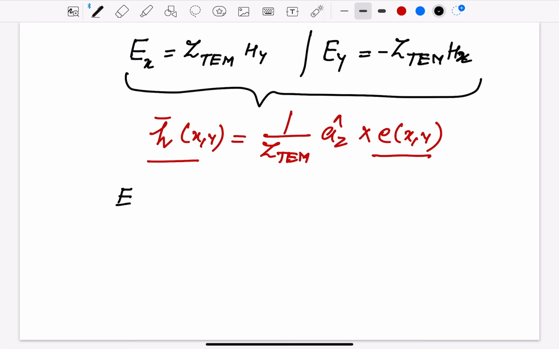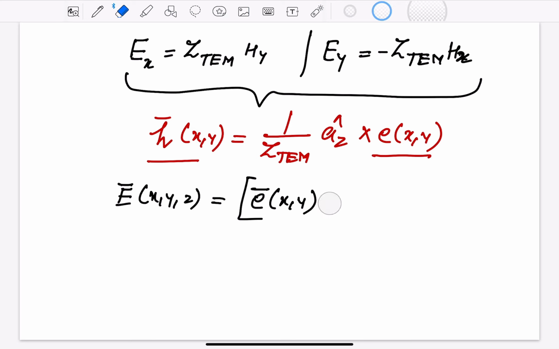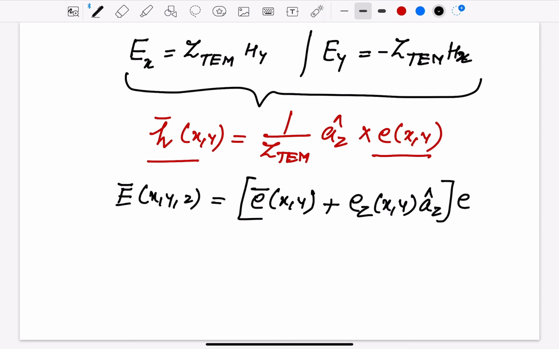Vector E is a function of x, y, z, so we may write vector E as a function of x, y, this is the transverse component, plus the Ez component, the longitudinal component, which is again a function of x, y, and of course this is az cap and e to the power minus j beta z.